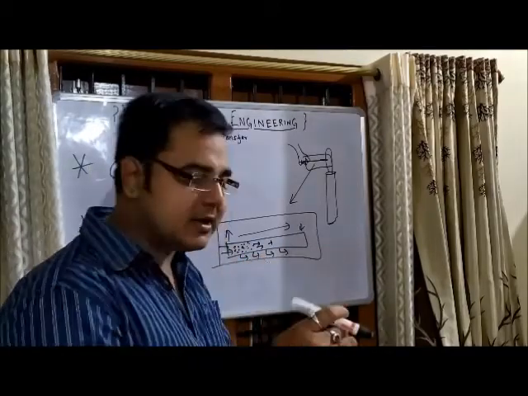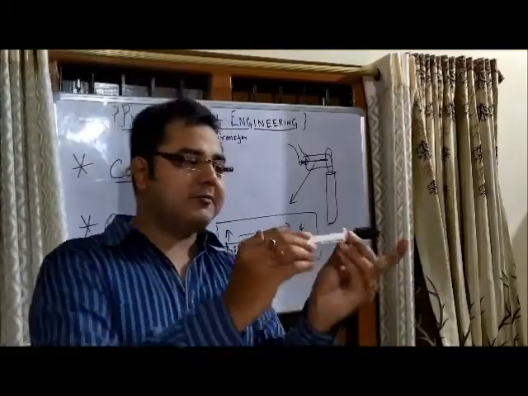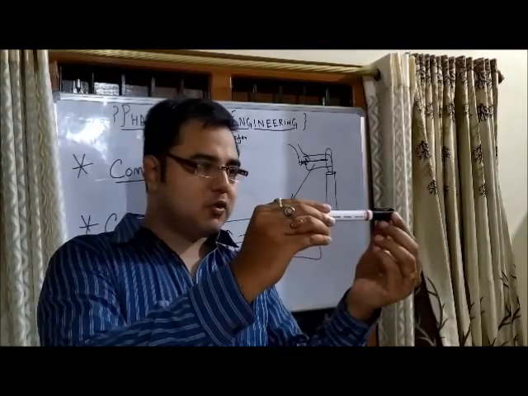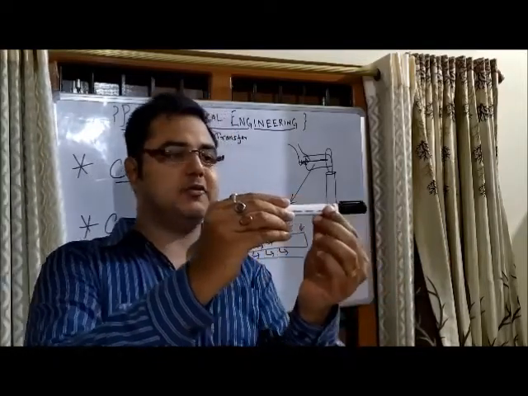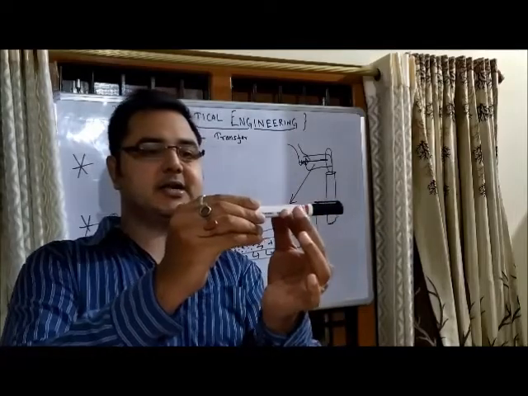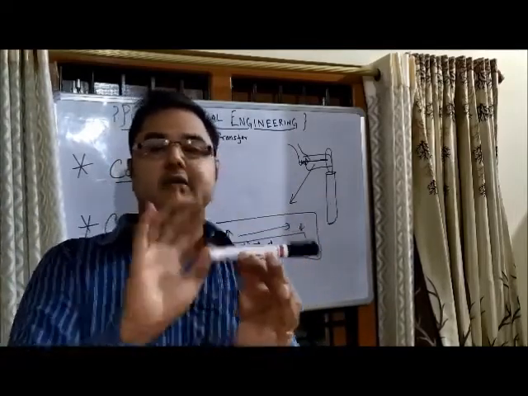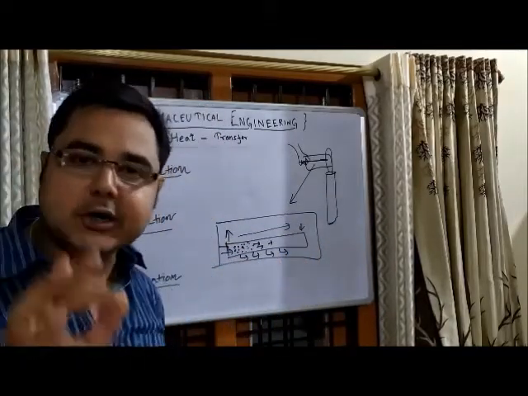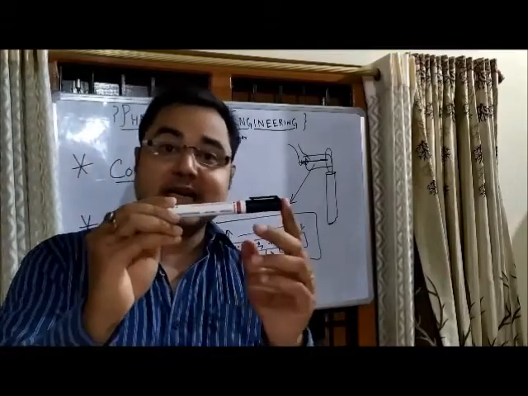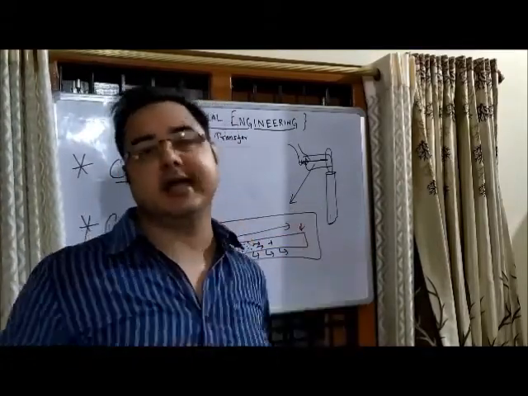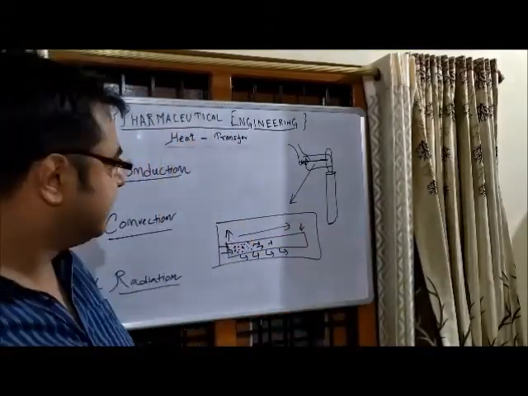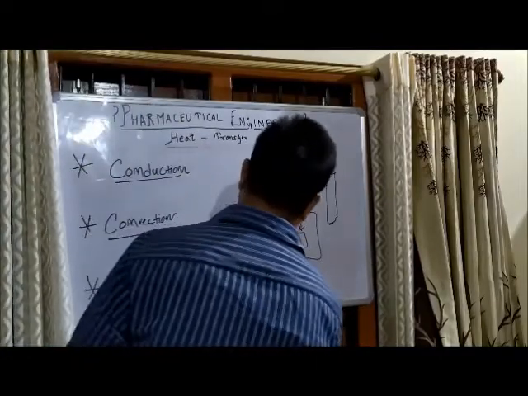So slowly and slowly, if we heat this portion of the rod, you can feel the heat moving in this direction until it reaches here. This is due to the movement of the atoms or molecules in touch with the source of heat. This is the method of conduction.